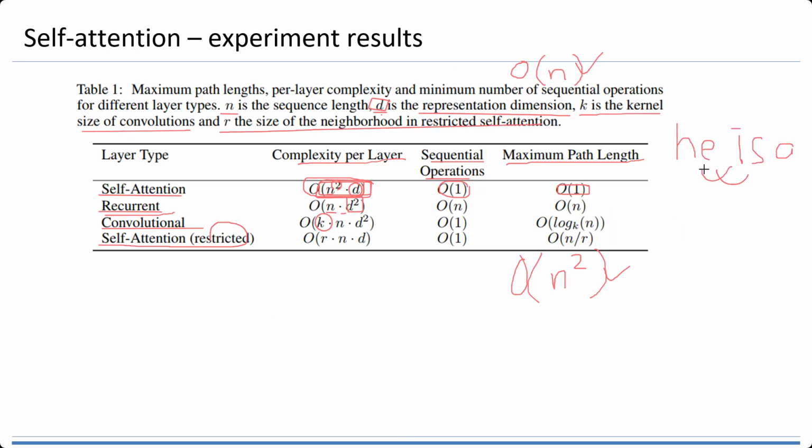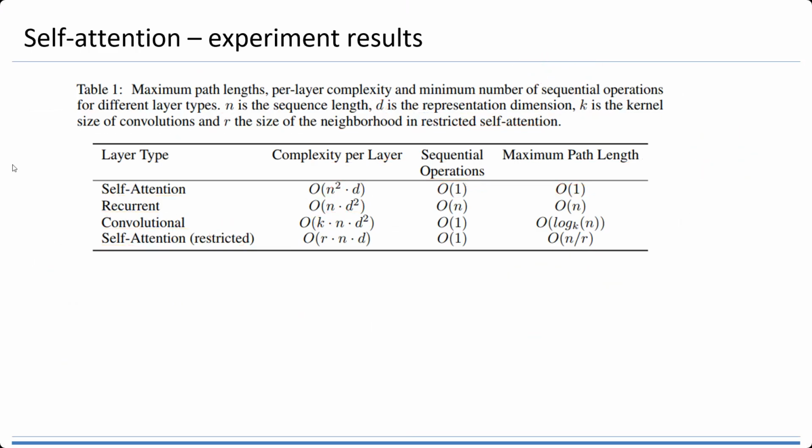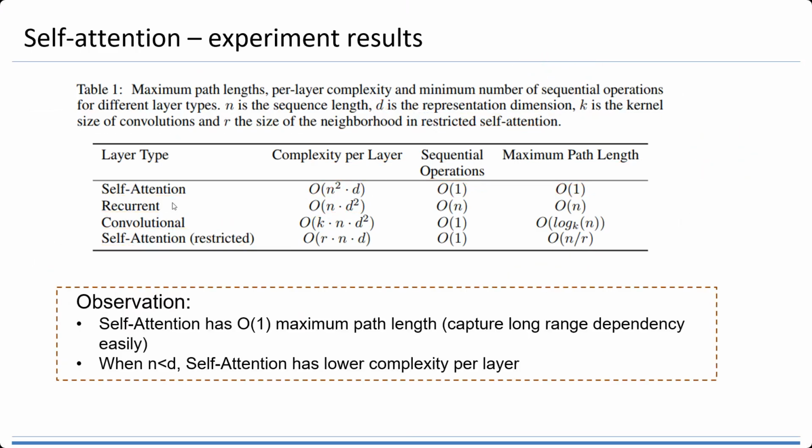So you cannot model many relationships in a long sentence. Okay, so self-attention has O(1) maximum path length, which means it is very good. That's why people use self-attention in many blocks for this attention.